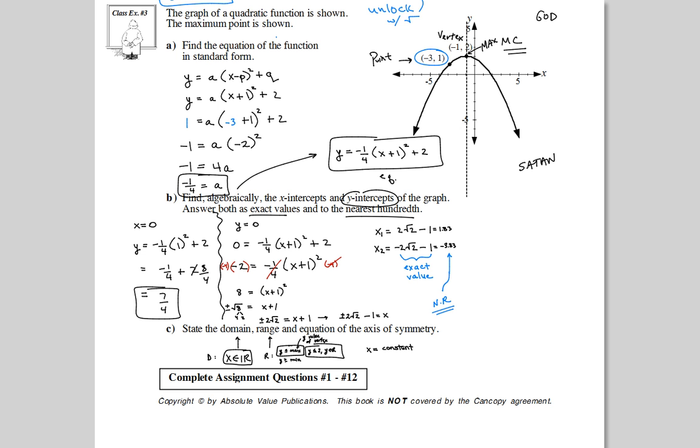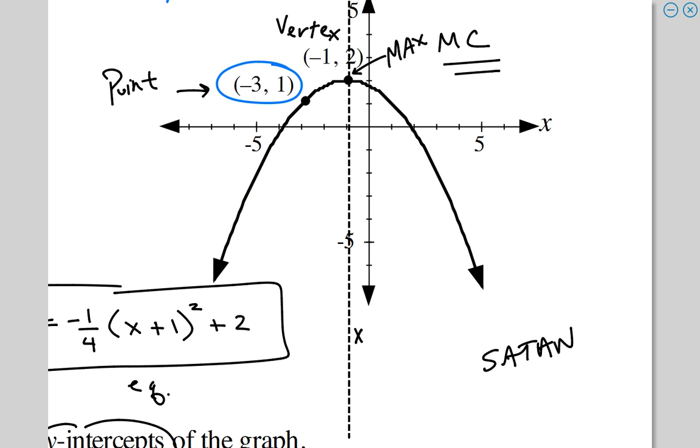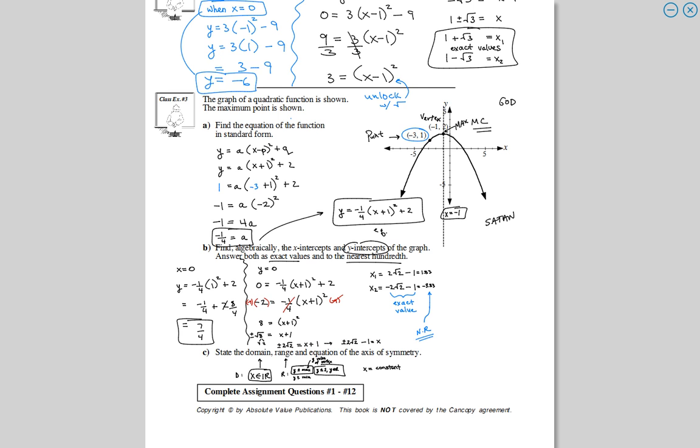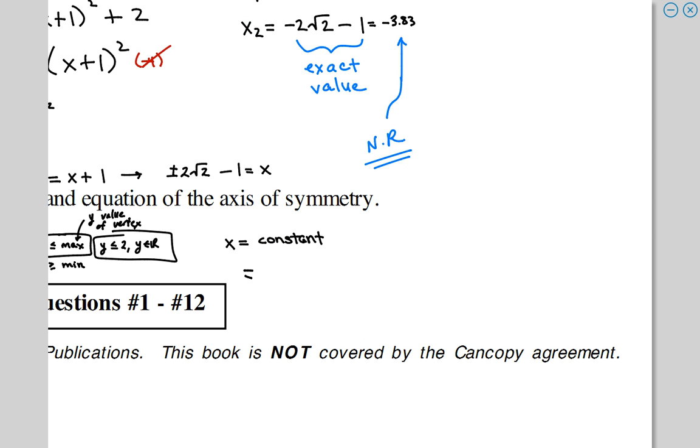Well, you're just guessing. So this would be x equals -1. Vertical lines are always x equals some constant. In our case, it's -1. This is what you want there. x equals -1. Any questions?